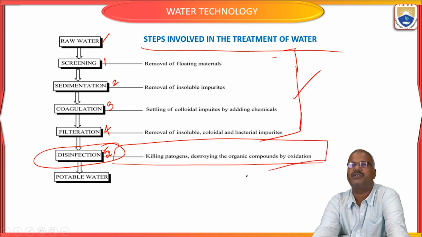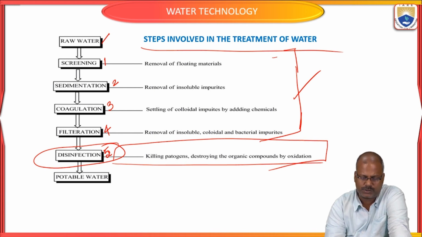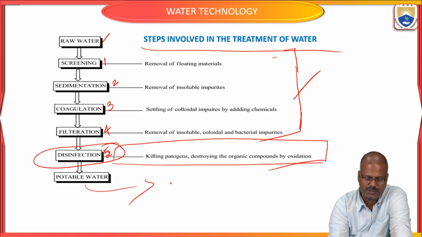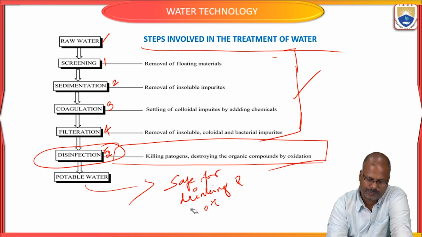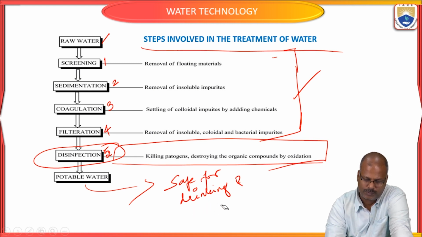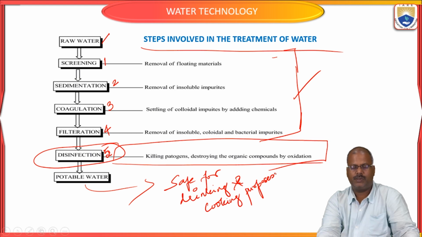Okay, disinfection is the 5th step to get potable water. So we know that potable water means safe for drinking and cooking purposes.